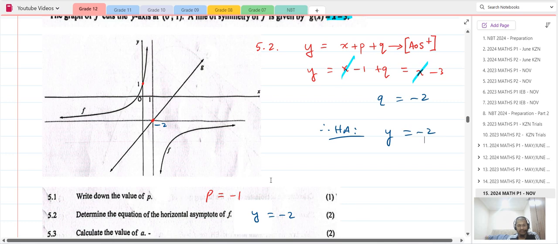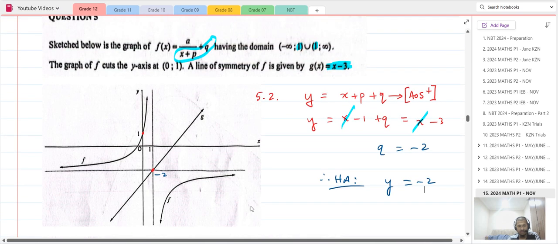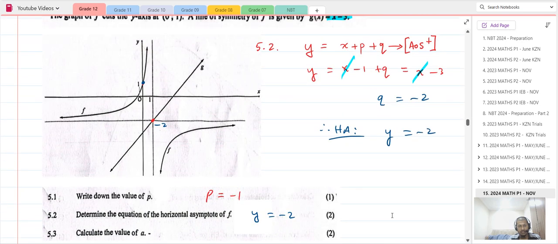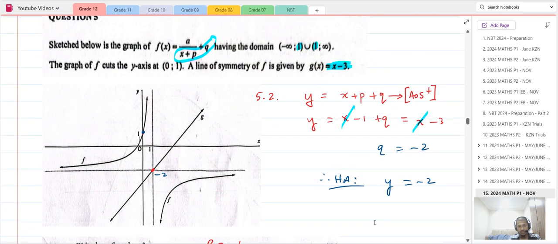Calculate the value of a. How are we going to calculate the value of a? We can see the point 0, 1 lies here, right? So to find the value of a, we can just substitute, 5.3. We got y is equal to a over x minus 1 minus 2 at 0, 1.